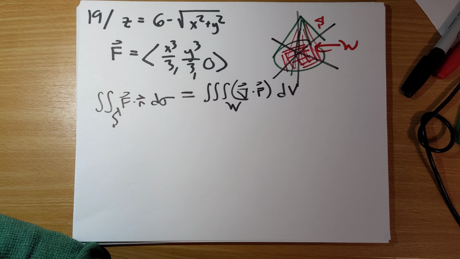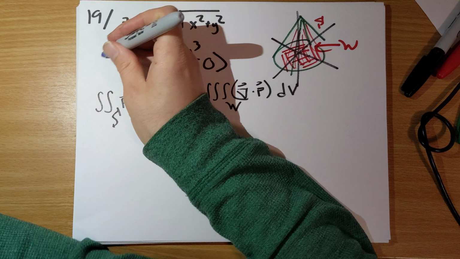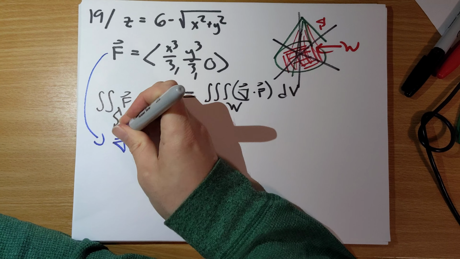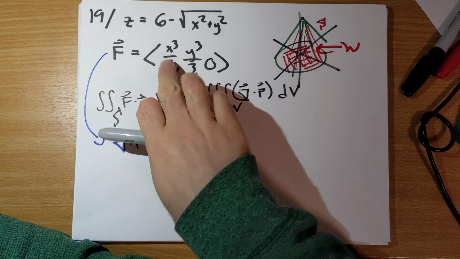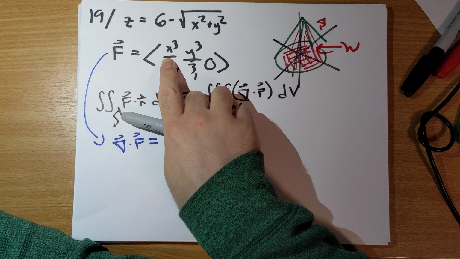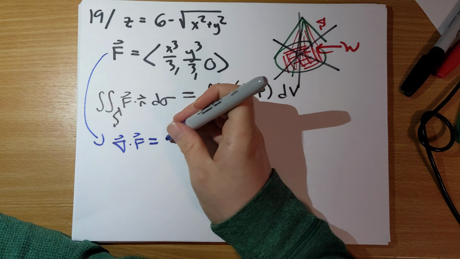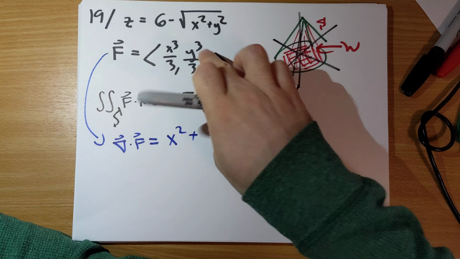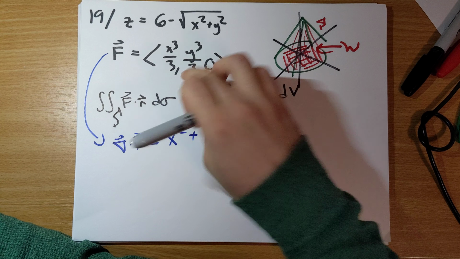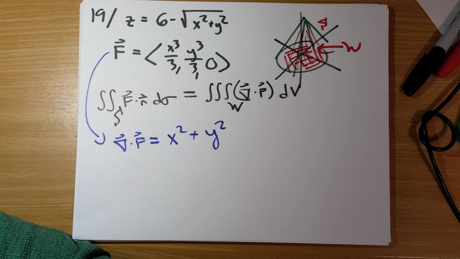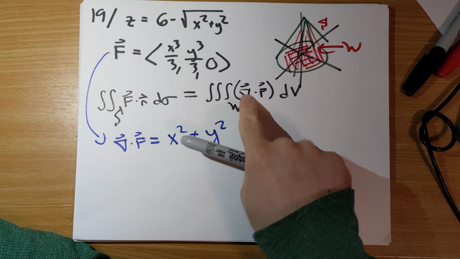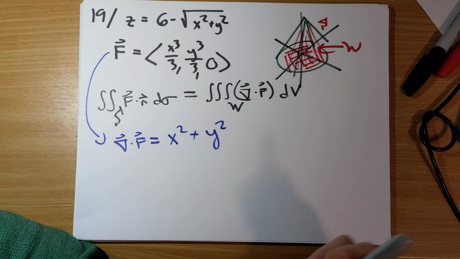So let's do this instead. What is the divergence? The divergence of f is equal to the partial derivative with respect to x, which is x squared, plus the partial derivative with respect to y, which is y squared. So this is the integrand here.